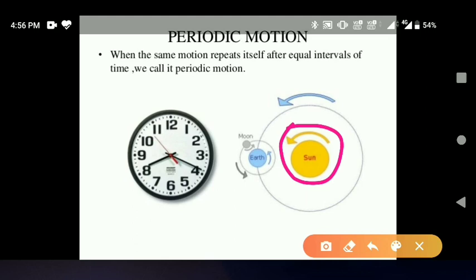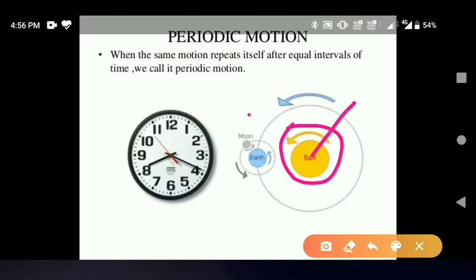For example, the motion of the earth around the sun is periodic, as the earth takes 365 1/4 days to complete one revolution.